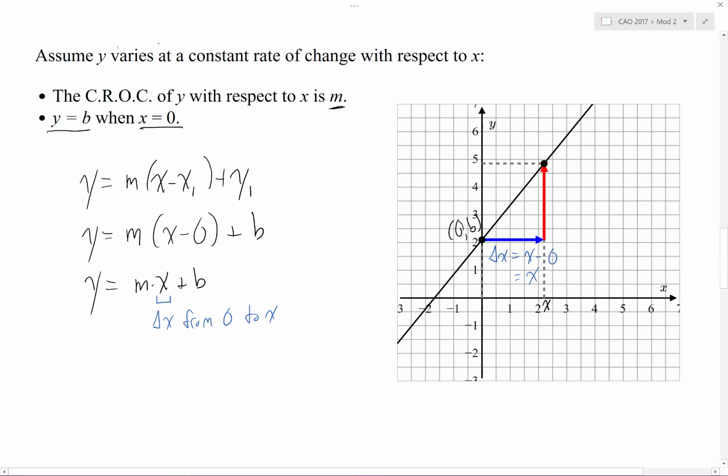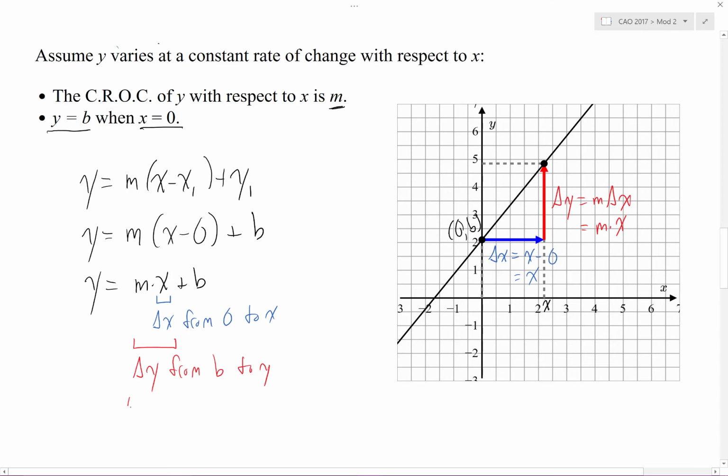Now once again, our change in y is m times as large as our change in x. So this change in y is equal to m times x. And therefore, this m times x part of our formula really represents the change in y from our reference value of y, which is b, to the new value of y.